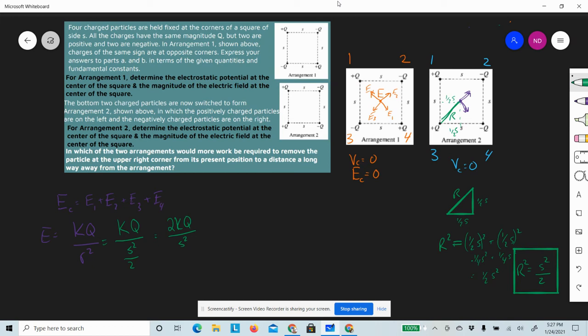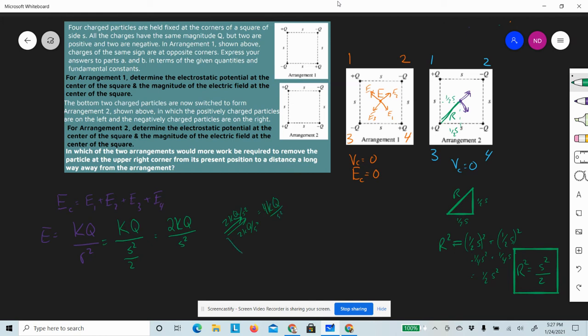Okay? So again, we'll get one over here, one over there. So we're going to get 2 of those: 2KQ over S squared and 2KQ over S squared. That's essentially 4KQ over S squared.